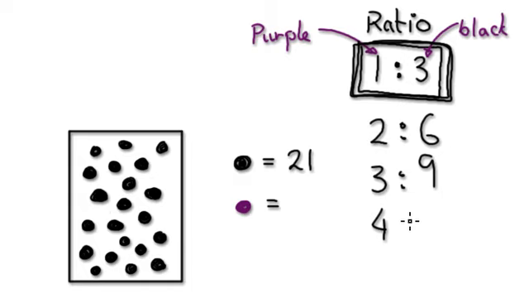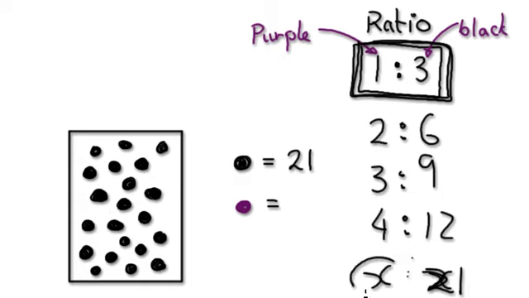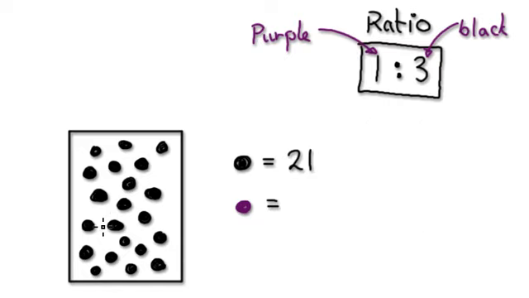If you have 4 purple sweets, then there will be 12 black sweets. Anyway, develop your own way of doing it. Work out how many purple sweets there are in this bag, and remember, for every one purple, there must be 3 black sweets. So press pause and have a go.